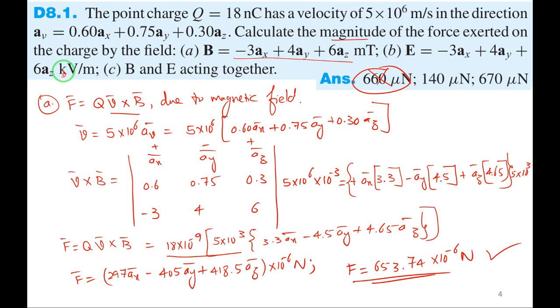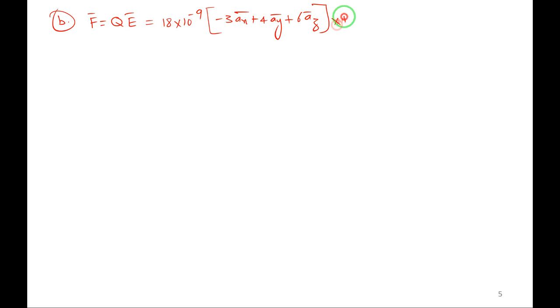Observe here, kilo is there, kilovolt per meter. Kilo means 10 power 3. Don't leave this, take it into account. So then write down the force vector. Let me multiply once again: 18 into 10 power minus 9 times 10 power 3 is 10 power minus 6, right? So 18 exponential minus 6, I will take the 10 power minus 6 later.